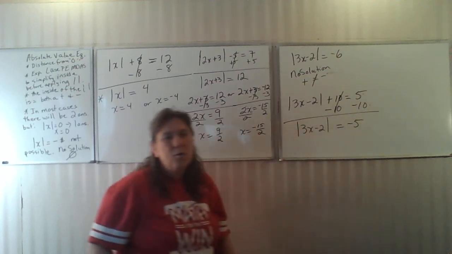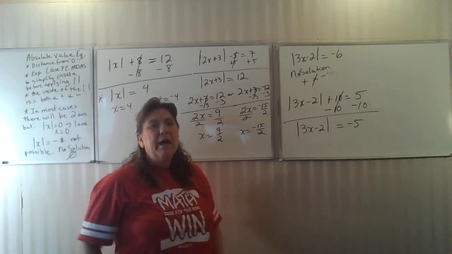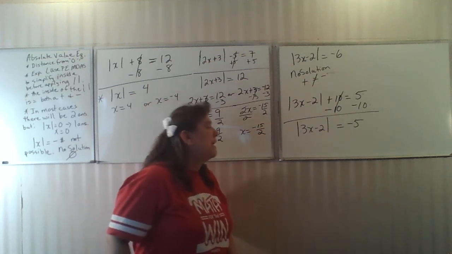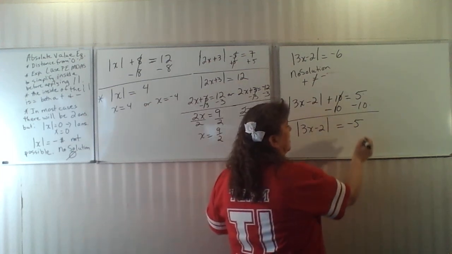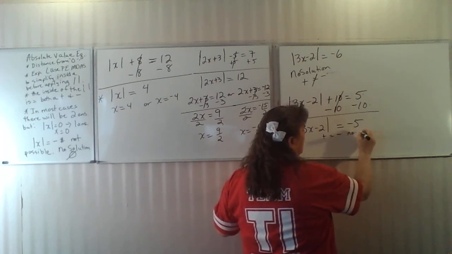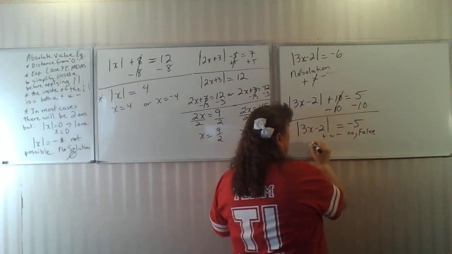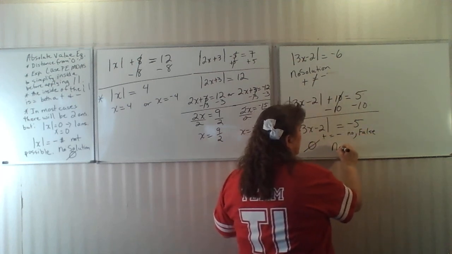Now, I'm in the same problem I was in the previous problem. I have an absolute value equal to a negative number, which is a positive equal to a negative? No, that's false. It's not possible. So therefore, there is no solution.